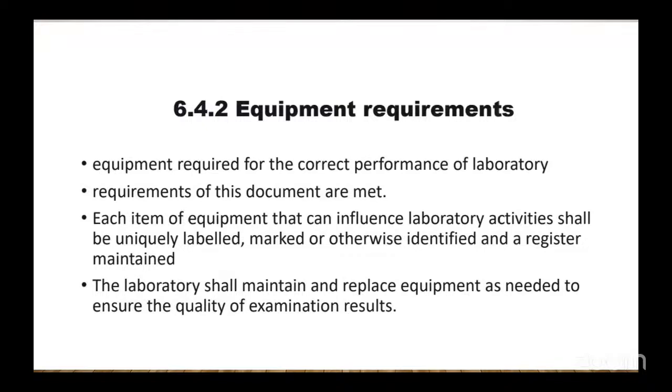6.4.2 talks about equipment requirements. So what is the requirement? One of the requirements is that you must have a policy for your equipment management. Equipment is required for the correct performance of the laboratory, so all the equipment that is necessary, both big and small, you must have working perfectly. Each item of equipment that can influence laboratory activity shall be uniquely labeled, marked, or otherwise identified, and a register is maintained.